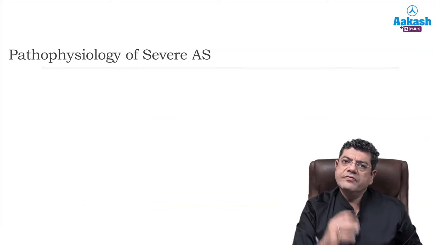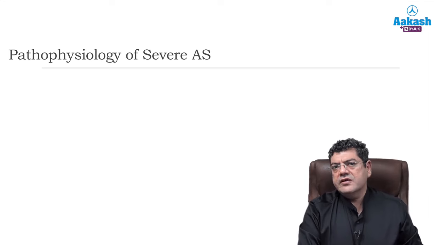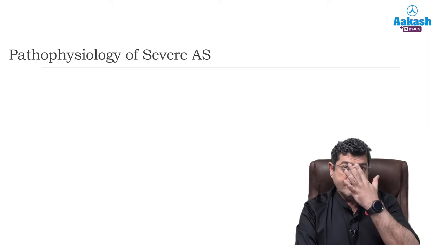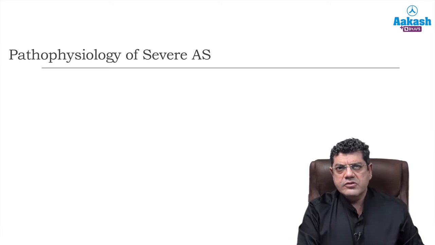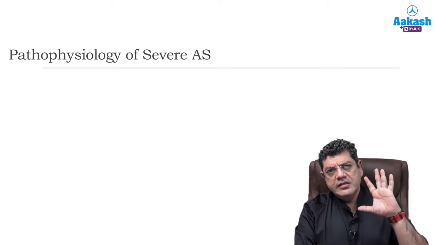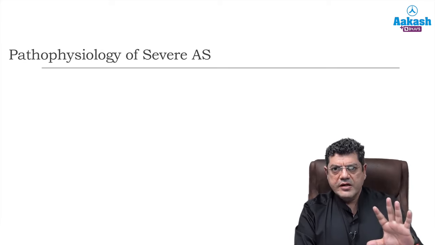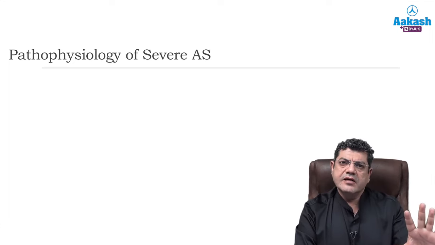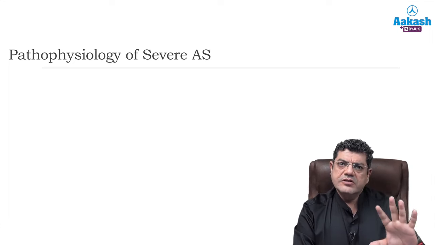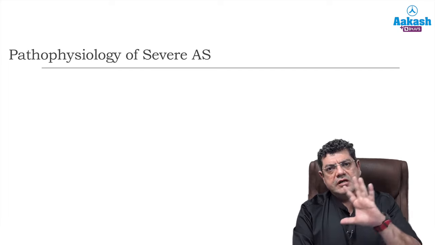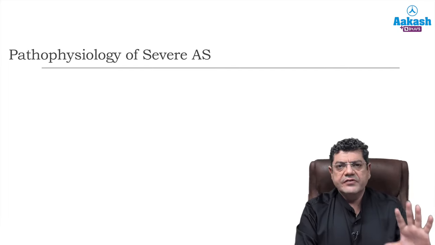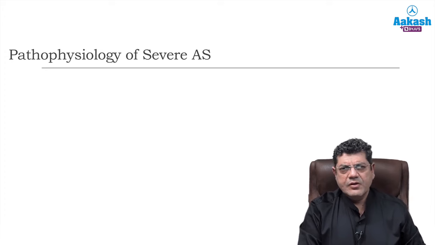Now, what's the pathophysiology of severe aortic stenosis? Now, I'm not talking of mild or moderate aortic stenosis, because when aortic stenosis is mild or moderate, it is asymptomatic. When aortic stenosis is causing symptoms, you can understand that this must be severe AS, and I'll come to what that is. Okay.